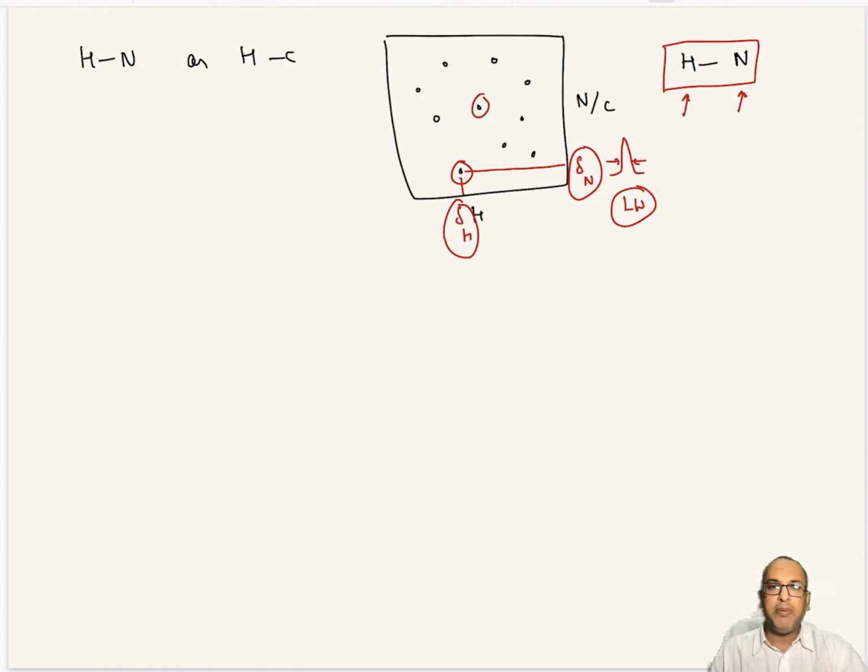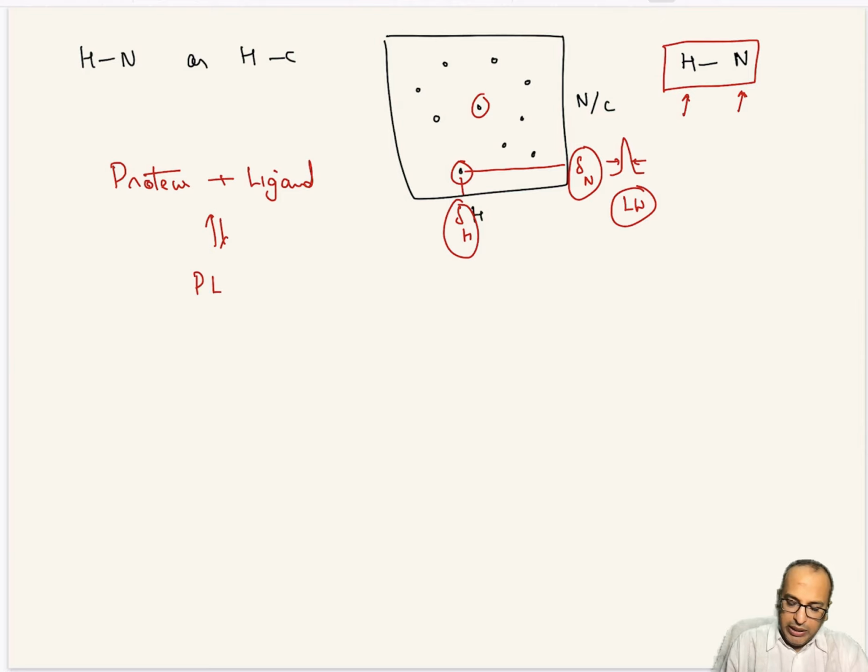Depending on the time scale, let's say there is an interaction between a protein and a ligand, and it forms a protein-ligand complex. So now what is the k1 and what is the k minus 1?